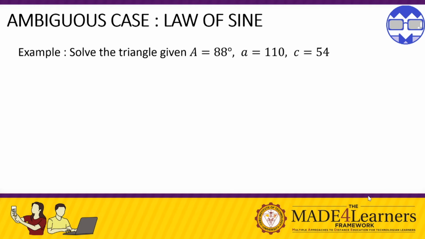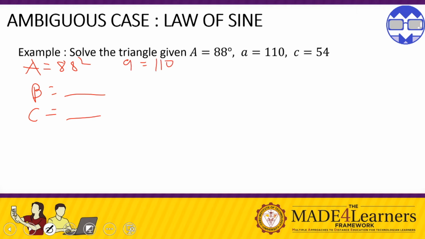Okay, so let's have this example. We have A, which is 88 degrees, B unknown, angle C unknown. Side A equals 110, side B is also unknown, and side C is 54.